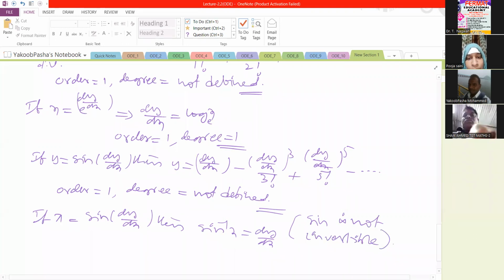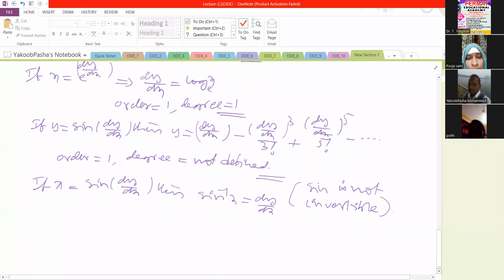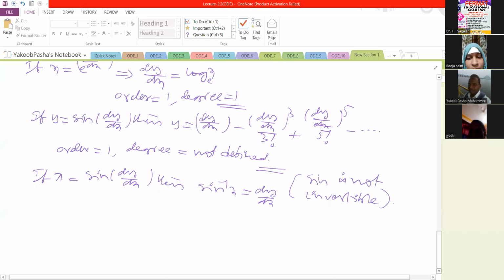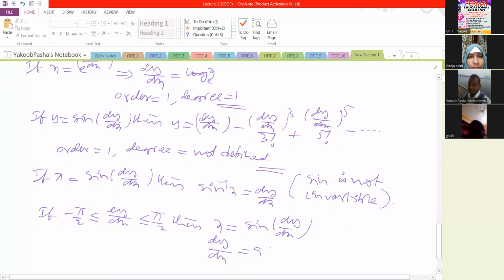So in the interval minus pi by 2 comma plus pi by 2, the sine is invertible. That means if we are given minus pi by 2 less than or equal to dy by dx less than or equal to plus pi by 2, here in this case we can write x is equal to sine dy by dx as dy by dx is equal to sine inverse x.